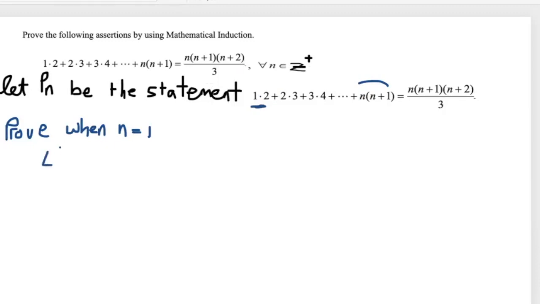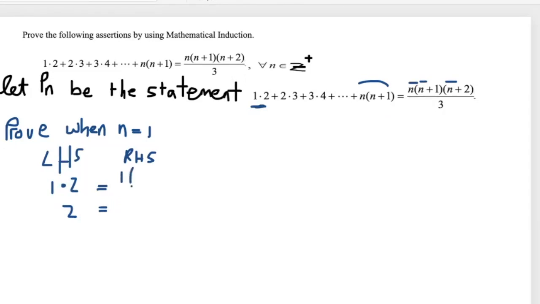So for the left-hand side, we already have 1.2, which is 1 times 2 to give me 2. For the right-hand side, we have to substitute. So replace here to be 1, right here to be 1, and right here to be 1.